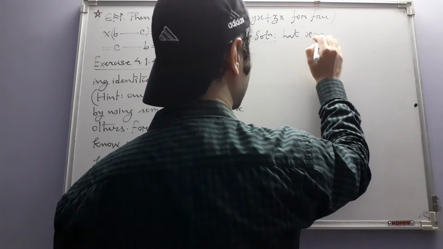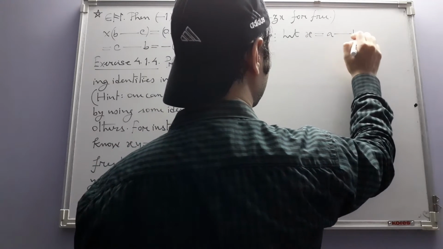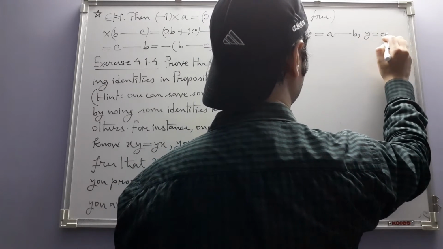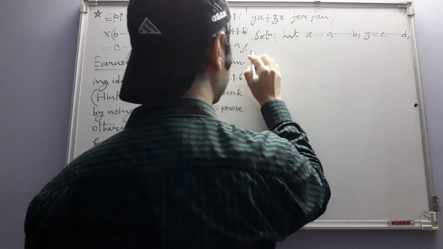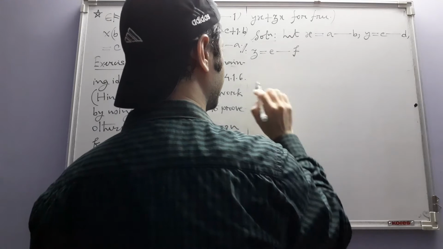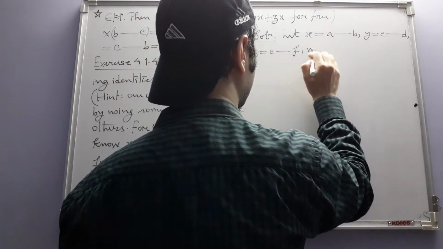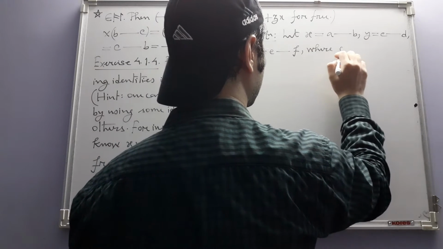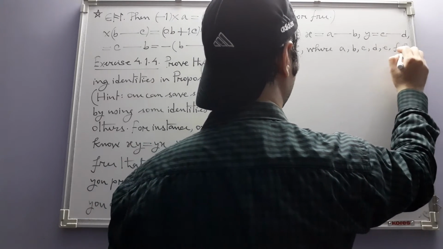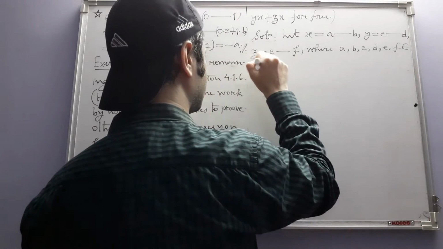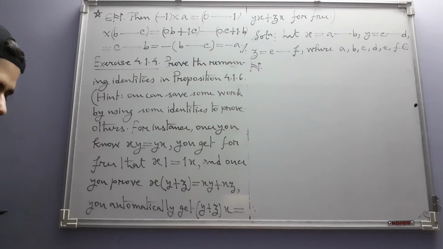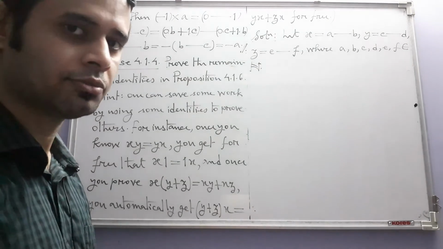Let x equal to a dash b, y equal to c dash d, and z equal to say e dash f, where a, b, c, d, e and f are natural numbers.